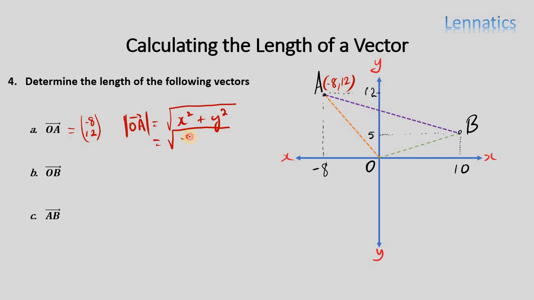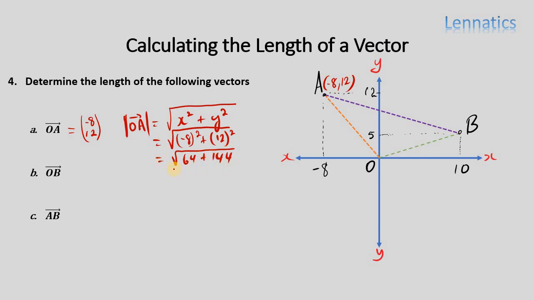When we square -8, we're going to get 64, because we're saying -8 times -8. We're also going to square the y component, which is 12. We didn't even have to put the negative, because once we square it, it's going to be positive. So 64 plus 144, and what will this give us?